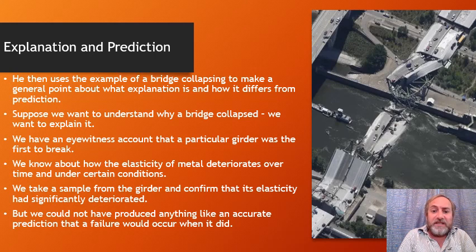Maybe we have an eyewitness account that a particular girder was the first one to break. We have some knowledge about metals, how the elasticity will deteriorate over time given certain conditions, and that a certain weight can be sufficient to make the girder snap. So we take a sample from the girder and confirm that its elasticity had significantly deteriorated.